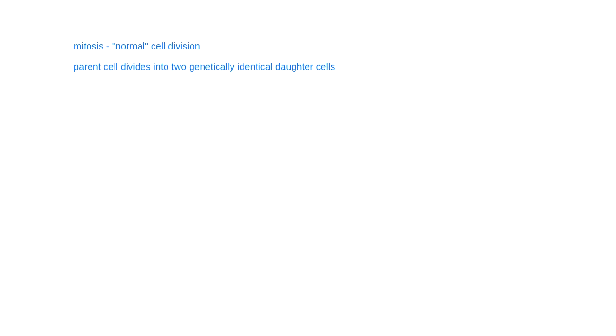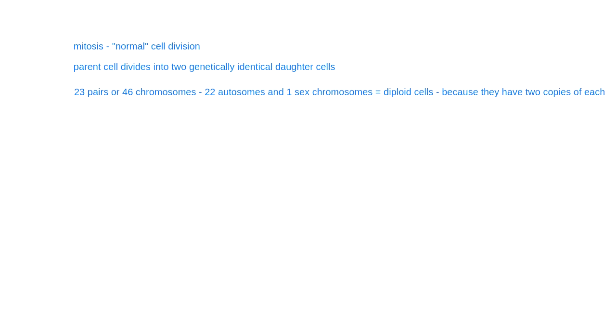These types of cells are referred to as diploid because they have two copies of each chromosome. So that is our first step in spermatogenesis.